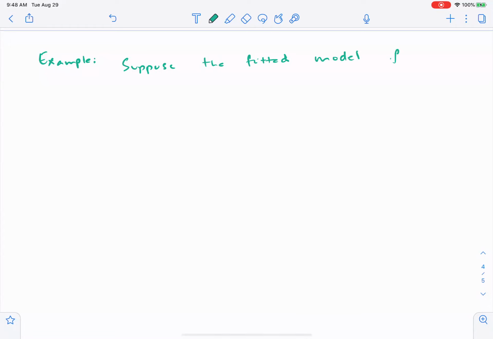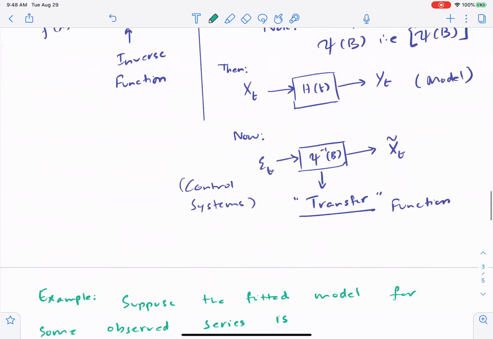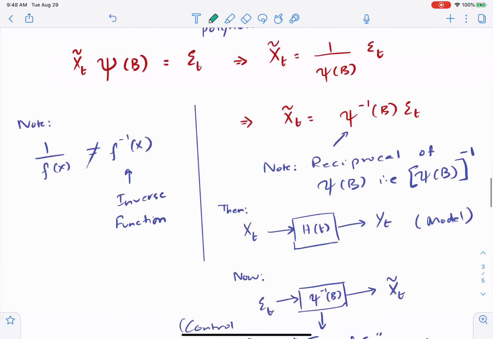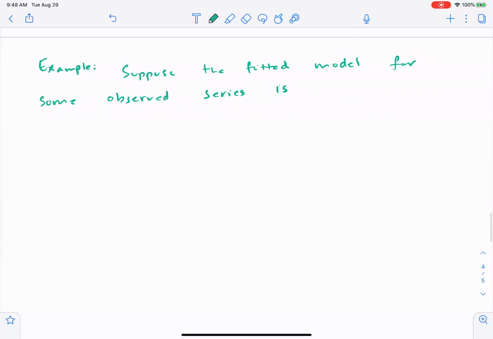Suppose the fitted model for some series that we observed is x_t tilde minus 0.82 B x_t tilde minus 1, or let me write it this way, equals epsilon t.